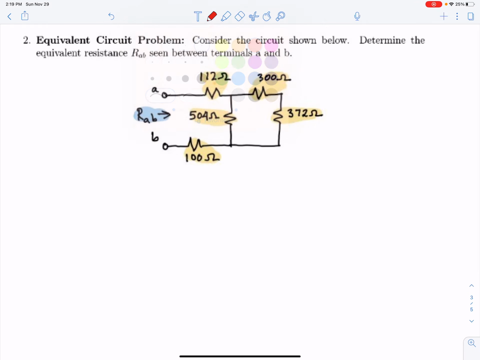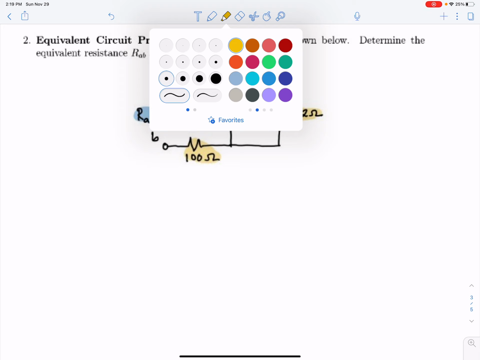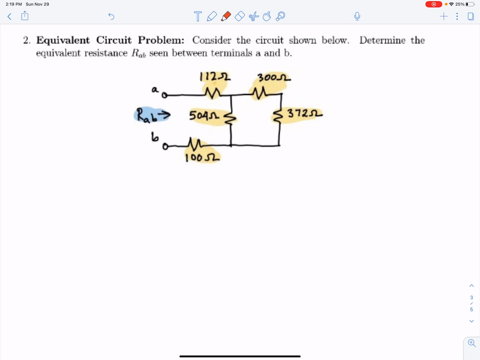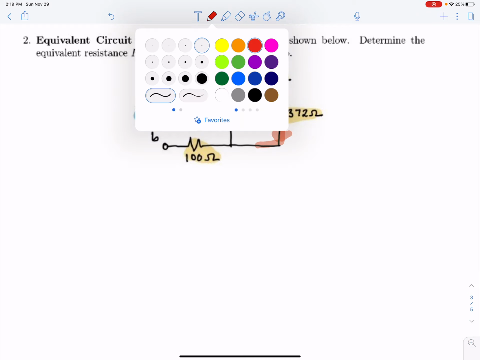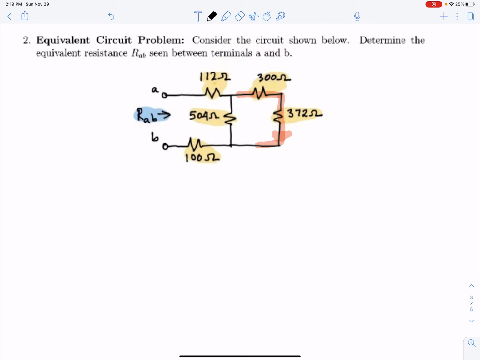In this problem, I'm going to highlight what's in series. I'm looking at this and I think, well, it's the same current, the same actual electrons going between the 300 ohm resistor and the 372 ohm resistor. It's the same electrons, therefore the 300 and the 372 are in series.